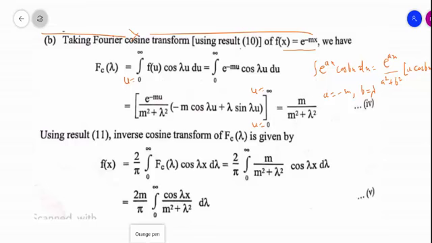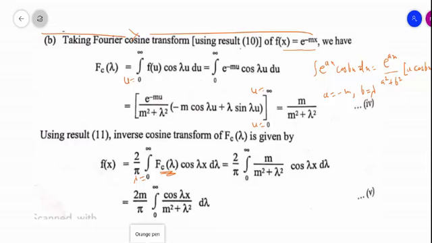After this, by the help of the chart, we can write f of x is equal to 2 upon pi integration from 0 to infinity, with lambda varying from 0 to infinity. Just substitute the value of fc of lambda by using equation 4. We get this type of integration, and no need to solve it.